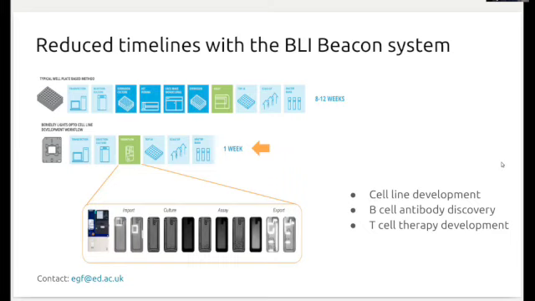Just to give you a little oversight of how that works. It can be used for cell line development, B-cell antibody discovery, T-cell therapy, and so on. And it can really shorten the timelines from several months to a single week, while also increasing the throughput and the output of successful clones, hybridomas, and so on.